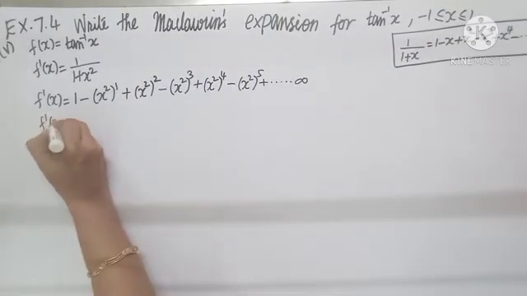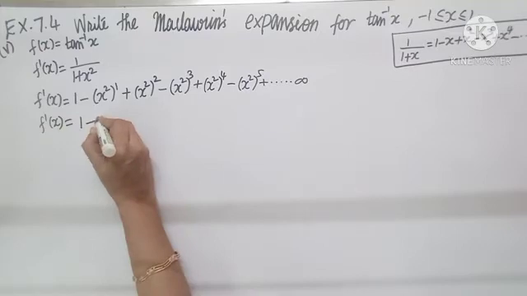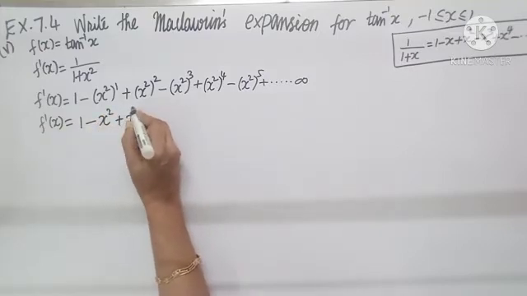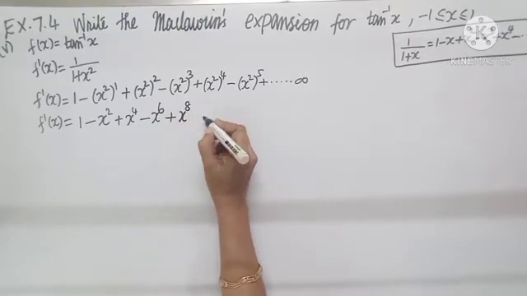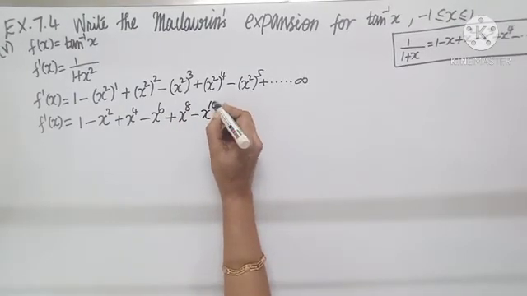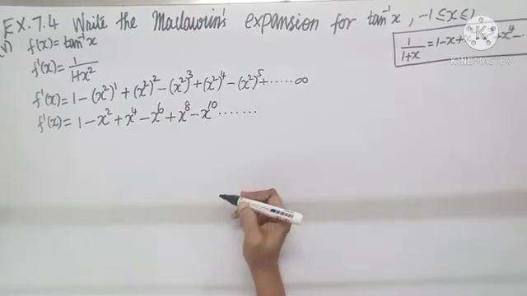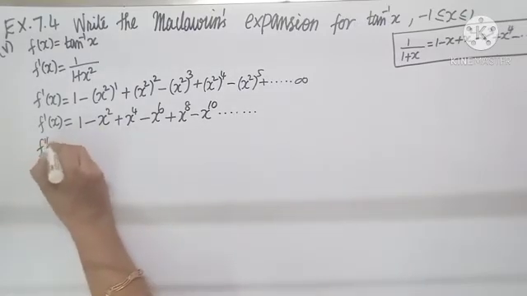Expanding this and writing it in the proper way: 1 minus x square plus x power 4 minus x power 6 plus x power 8 minus x power 10 and so on. Find the next derivative.